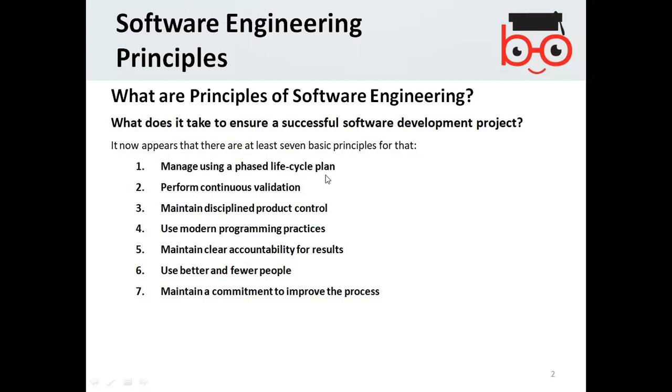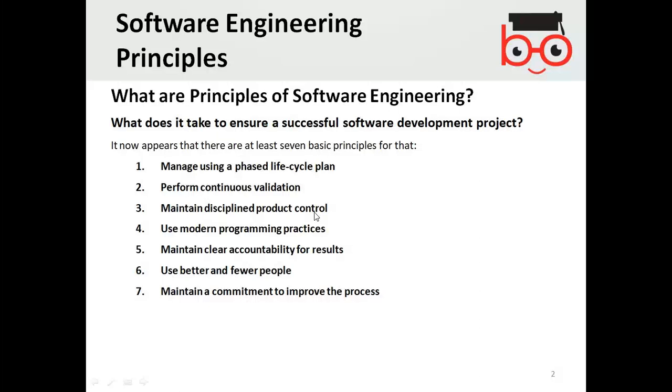Validation is to check whether the appropriate results are being achieved or not. Maintain disciplined product control. Disciplined product control is when you have produced a product, whether it maintains quality overall from the first day of use to maybe after 6 months.